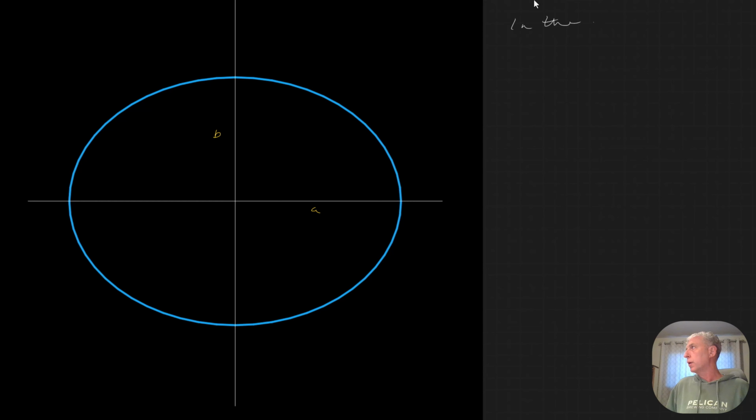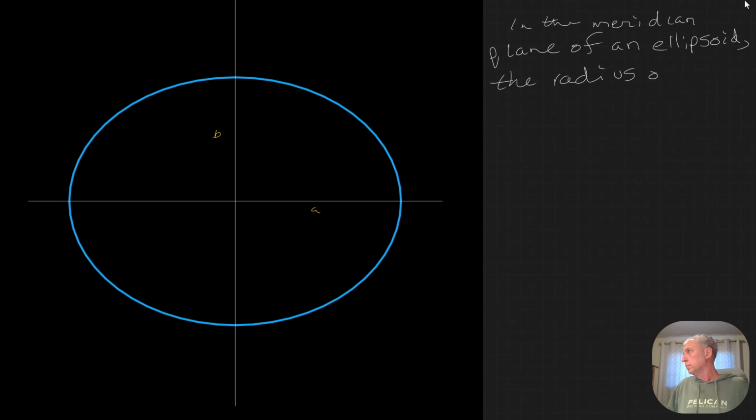In the meridian plane, remember, which is a plane going through the spin axis of the Earth, so if we're staying in the same line of longitude, basically, of an ellipsoid, the radius of curvature M is minimum at the equator.